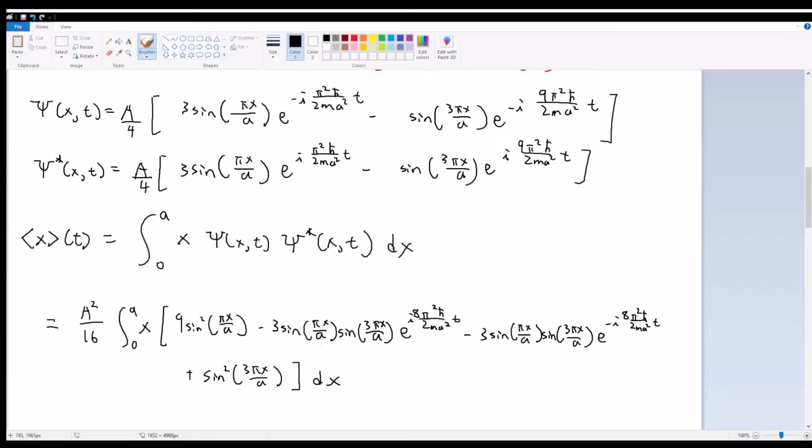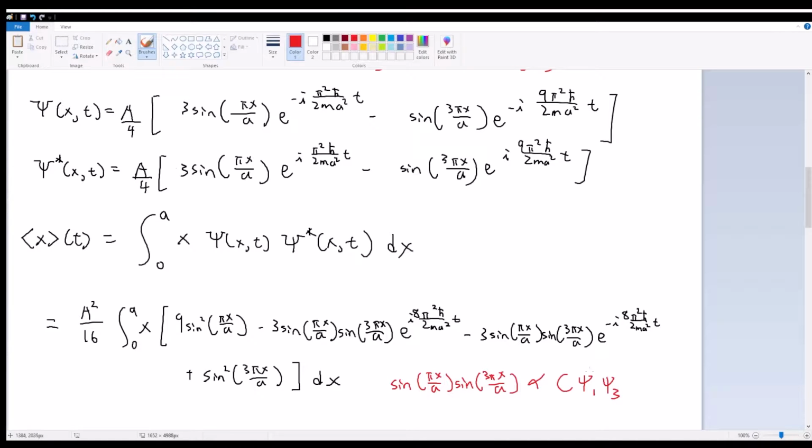Hopefully you remember what we did last time in regards to these. We can recognize that this is an integral of a psi1 function multiplied by a psi3 function, because sine pi x over a sine 3 pi x over a is analogous to some constant c at the front multiplied by psi1 multiplied by psi3.